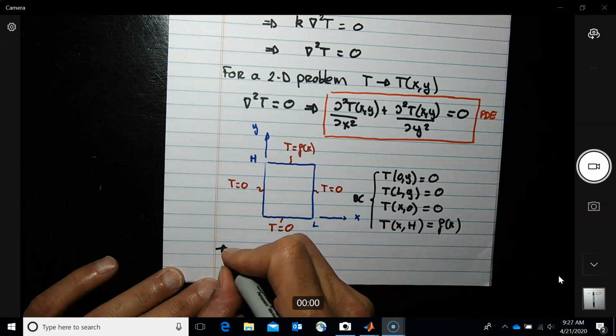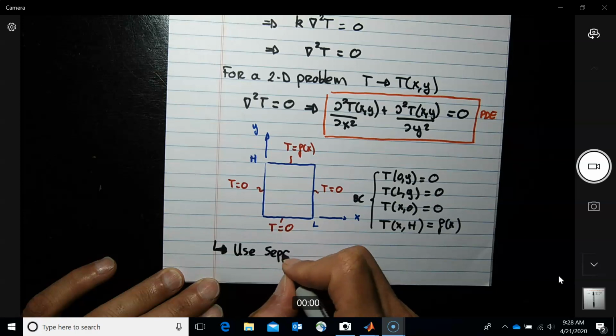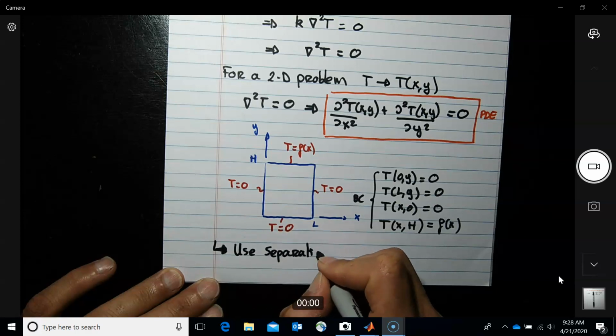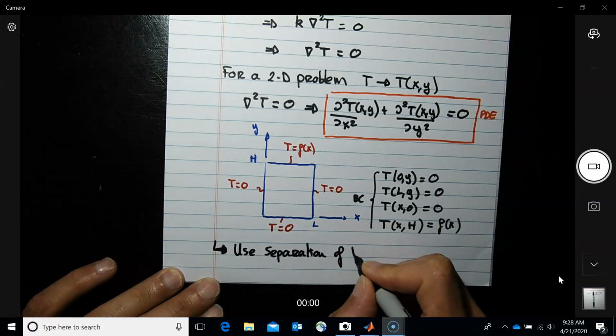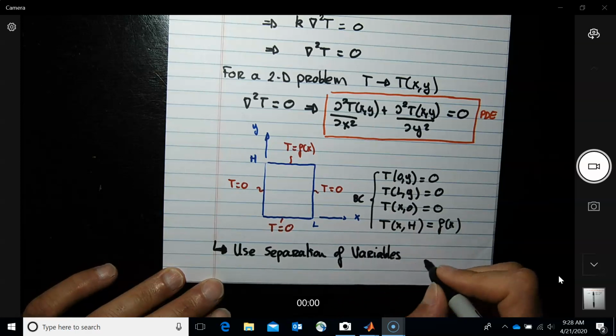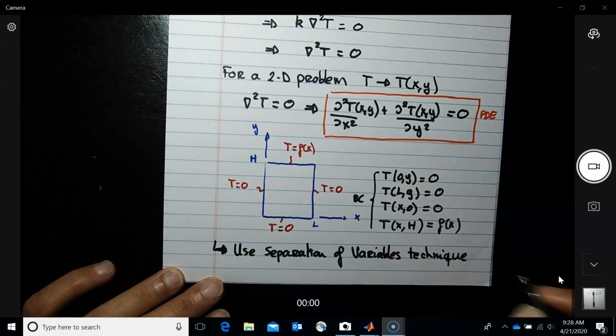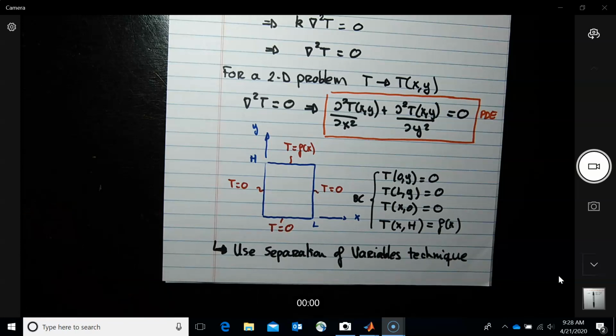So use the separation of variables technique. Okay, so here we go.